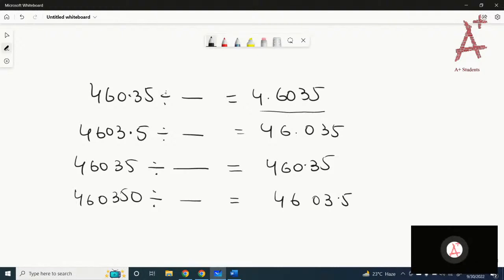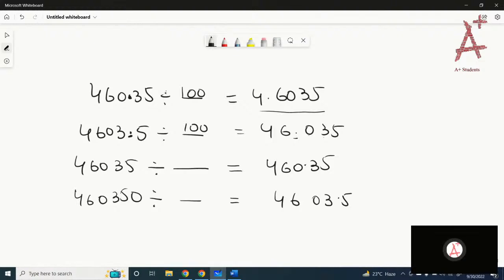Okay, look at this one. Here the decimal point is here, and from here to here it moved two decimal places. That means it would be divided by 100. Got it? Okay, now look at this number. Here the decimal point is between 3 and 5, and then it moved two decimal places. That means again the number is divided by 100.